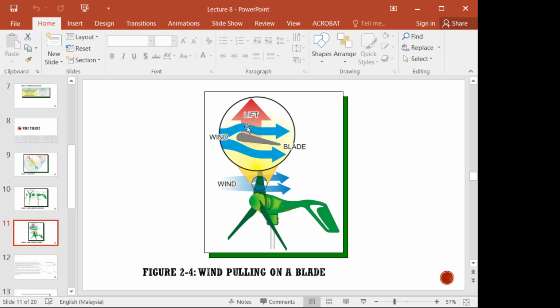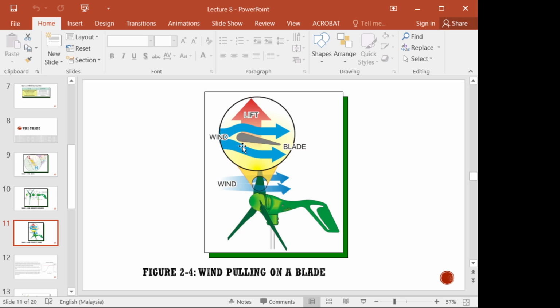So as wind blows along the blade, if you can see my cursor, here the wind speed is quite high, but when the shape suddenly reduces, the wind speed will be faster, will be higher, and as the wind speed is higher, it creates a pressure difference.